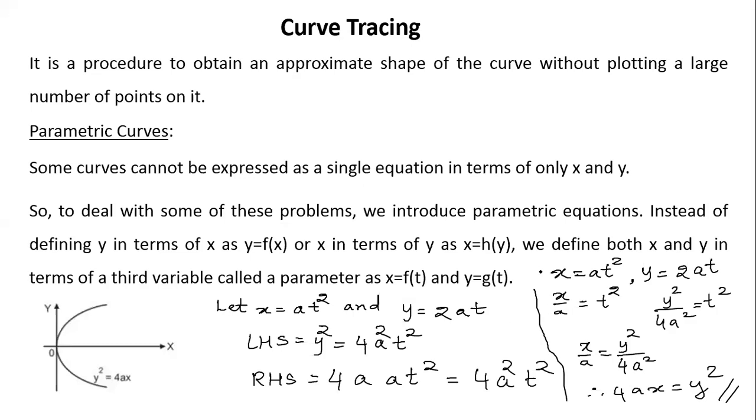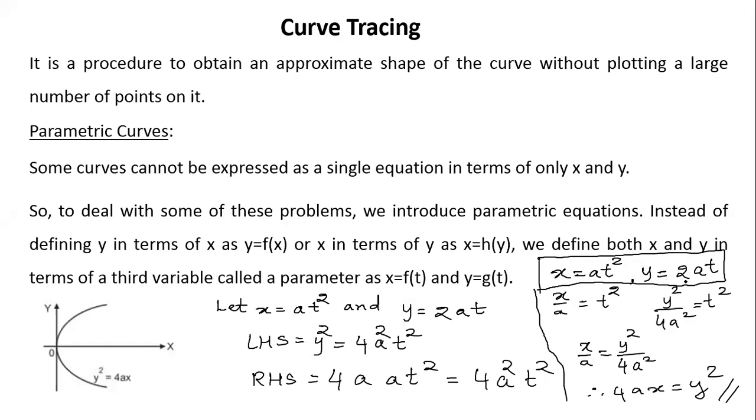And here the parametric equations are x is equal to a into t square and y equal to 2 into a into t. Further, we see that in the first equation, if we replace t by minus t, then we'll be having x equal to a into minus t whole square. That is, again we are getting x equal to a into t square.